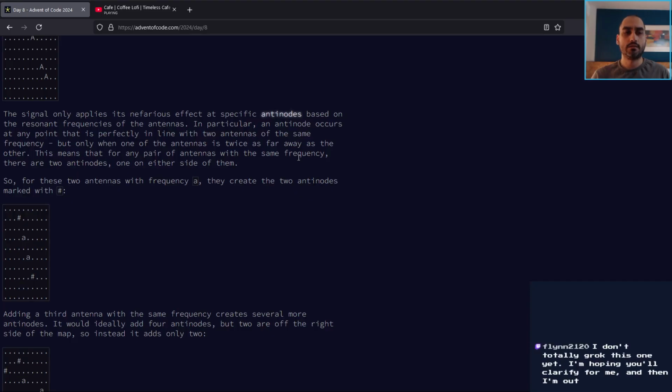But why is it not allowed to be between them? It would still be in line, and you would still satisfy that one is twice as far away as the other. So shouldn't there be up to 3 antinodes?